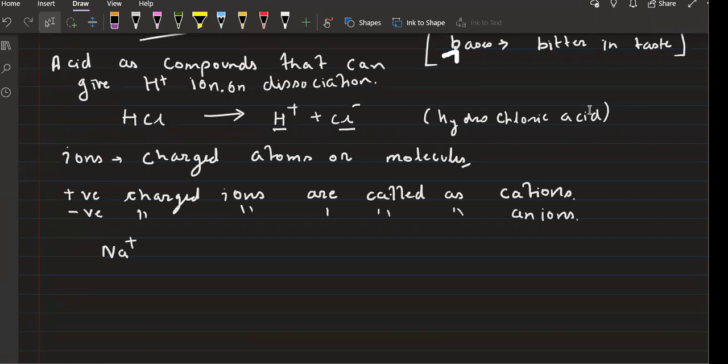So I can say that this HCl is breaking down into two ions, H plus and Cl minus.